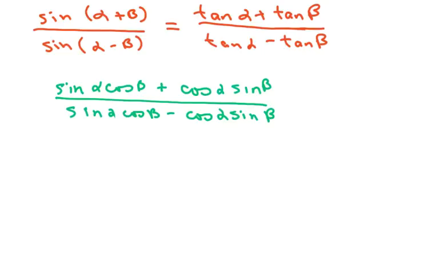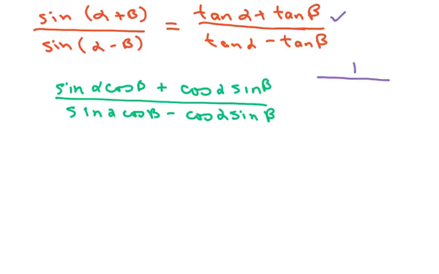Now, basically we're kind of stuck here. So what I'm going to do is multiply each of these by 1 over cosine of alpha cosine of beta, because I'm trying to force it to look like this.